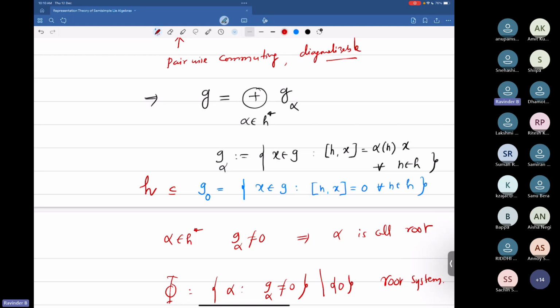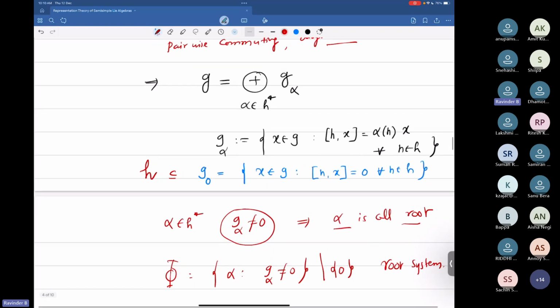Because G0 is non-zero, it should also be called a root, but your root system doesn't allow that. So you take alpha non-zero, then only you call it a root. Do you remember what all the matrices are which commute with all the diagonal matrices? They are in fact only the diagonal matrices. So diagonal matrices commute with all the diagonal matrices, and moreover these are the only matrices which do. In general it is also true.